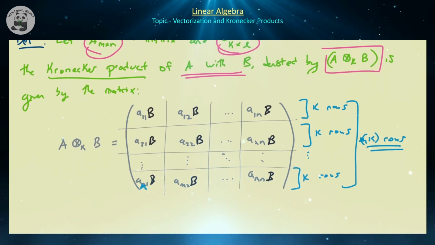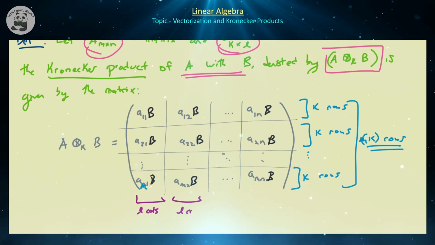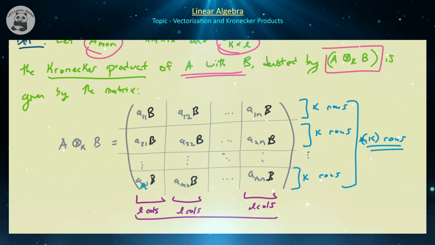And how many columns do we have? Well, B has L columns, so there's going to be L columns there, L columns there, and L columns there. And we have a total of n columns of constants. So that means we're going to have L times n columns total.